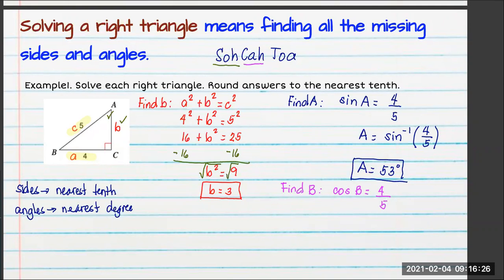So to get B, we do the inverse again. So B is equal to the inverse cosine this time. Because this is cosine, we'll get inverse cosine of 4 over 5. So what would you get for B, nearest degree?